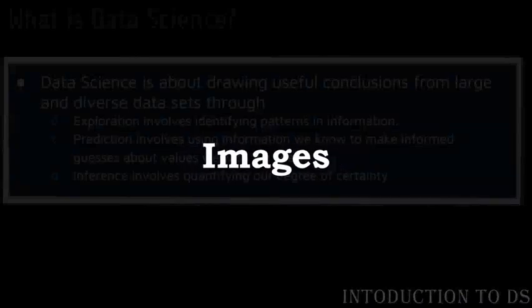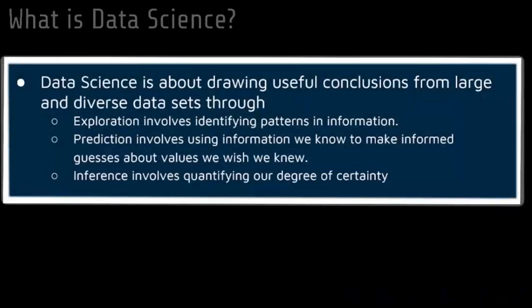These data are not just numbers; they can be text, images, videos, sensor readings, and so on. Ultimately we'll bring them down to numbers and crunch them in data analysis, but at the beginning, wherever the data is accumulated, it comes in all these forms.